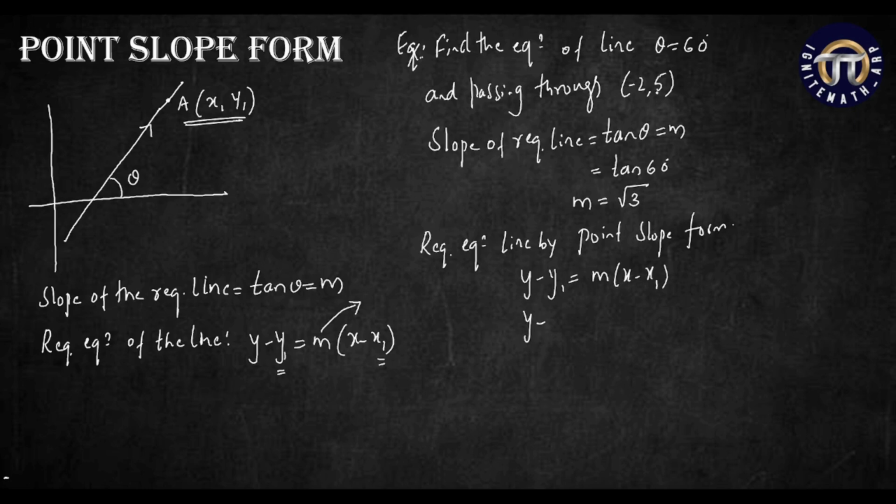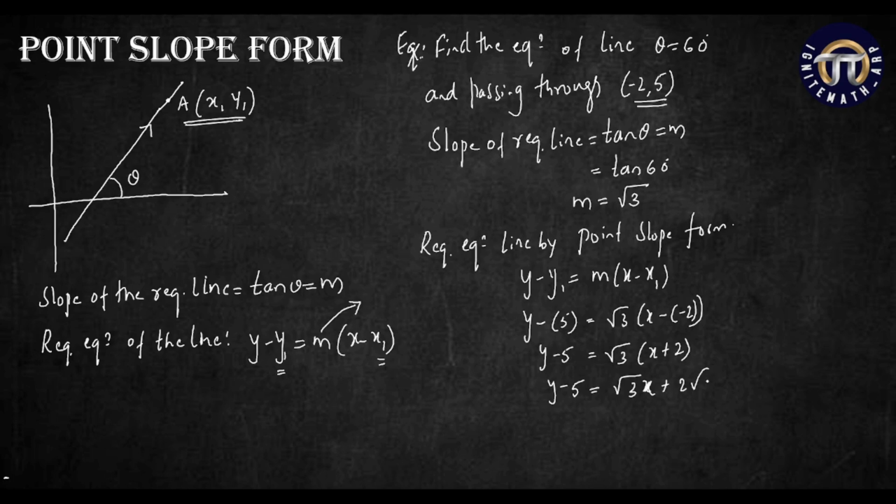So y minus, I am aware of the point which is lying on the required line, y minus 5, I just substitute. m is root 3, x minus of minus 2. Correct. So y minus 5 is equal to root 3 times x plus 2. So I can write this as y minus 5 is equal to root 3 x plus 2 root 3.